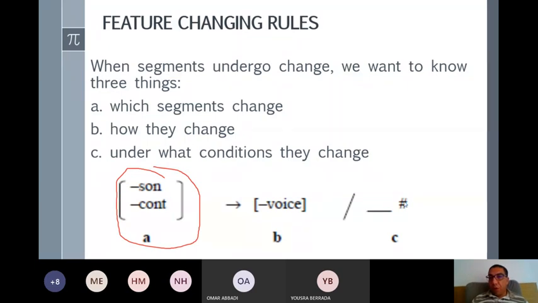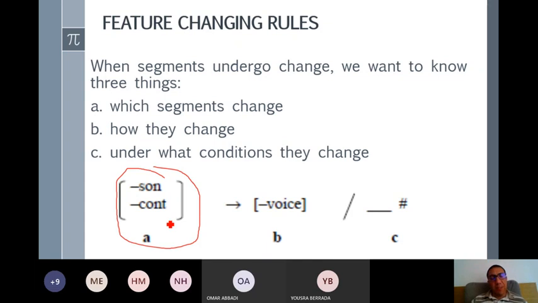There are a certain number of conventions that we're going to see, and one of these conventions is in A, where we're using a minimal set of feature specifications of the segment that undergoes the change.